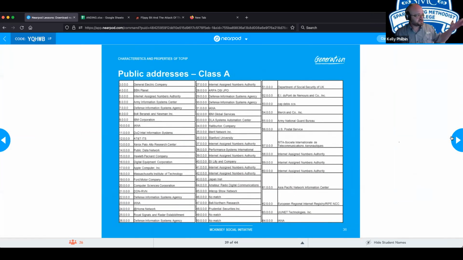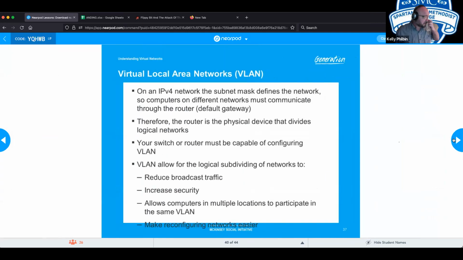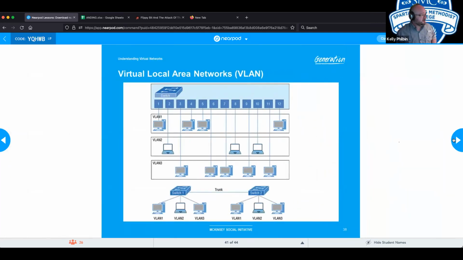All right, this is just some basic examples of Class A addresses, not something you need to memorize, just kind of showing what they are. Now, virtual local area networks, I'm not going to be mean enough to go through this with you right now. We'll go through this a little bit later. This starts getting into managed versus unmanaged switches, and we haven't even gotten into the servers yet.